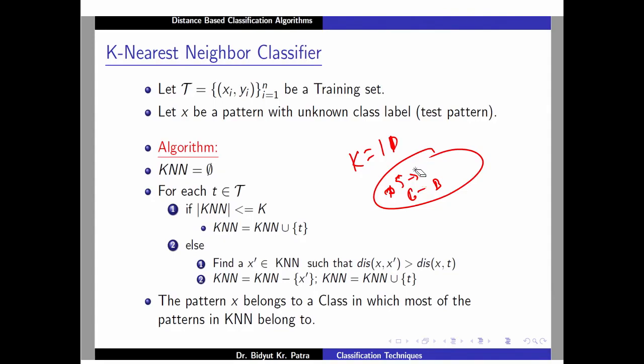Let us say the class distribution is 4 in class A, 5 in class B, and 2 in class C. Then the majority of the patterns belong to class B, so the class label will be B. This is the idea of the k nearest neighbor classifier. In the next class we will talk about how to implement this and what the complexity will be for the k nearest neighbor classifier.